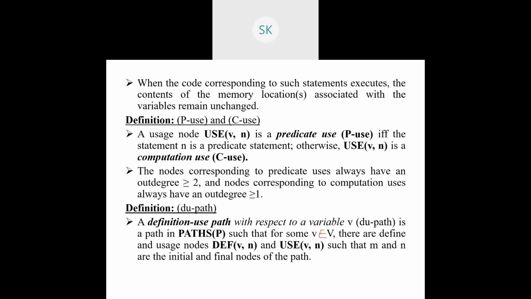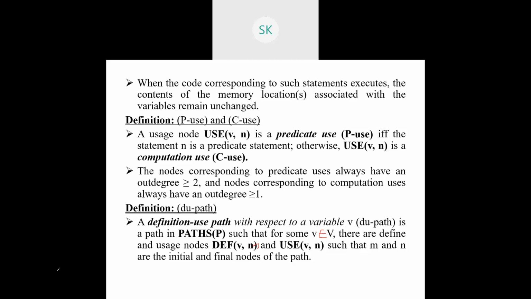There are define and usage nodes: define v comma m, usage v comma n. The variable should be one and the same, there is no difference in it. Such that m and n are given, m with respect to the definition node and n with respect to the usage node. Then m and n are the initial and final nodes of the path.